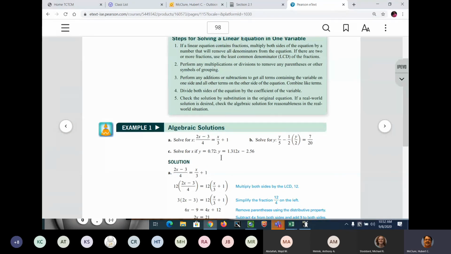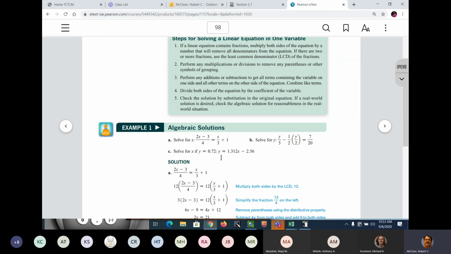So this decimal says y, wait a minute, solve for x. That's out of place. Solve for y, solve for x, whatever.